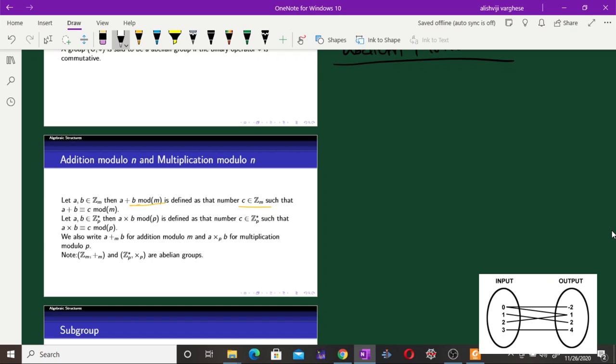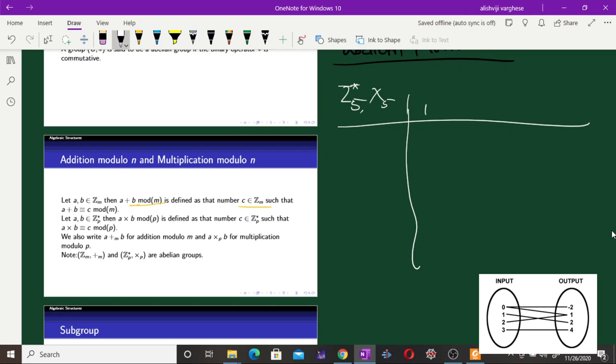So let us consider Z5, Z5 together with multiplication modulo 5. So let us consider the elements. Sorry, here we don't consider Z5, we consider Z5 star, which means we are eliminating 0.